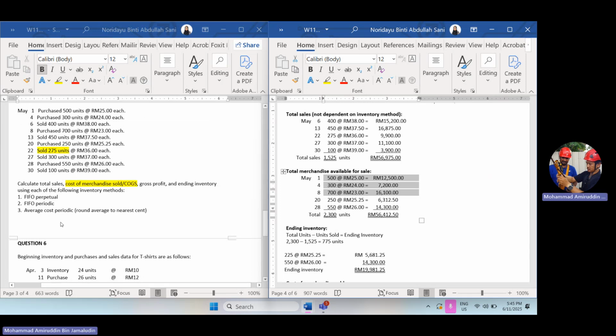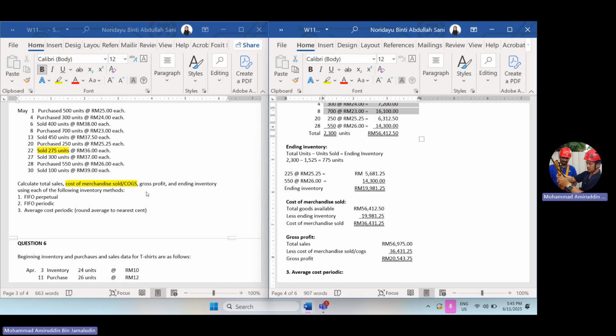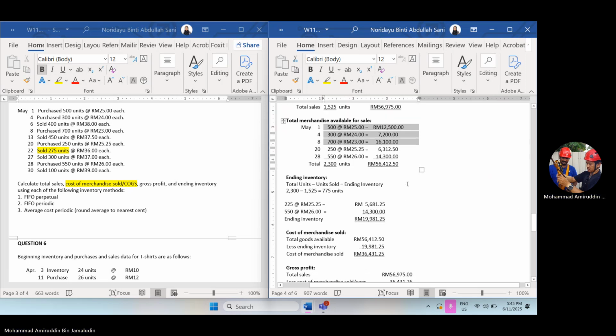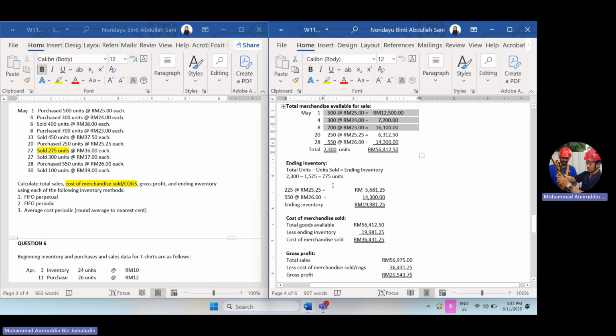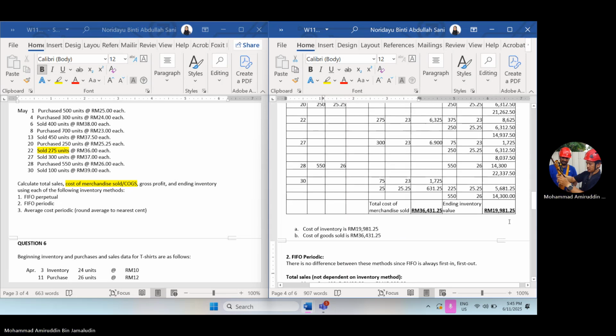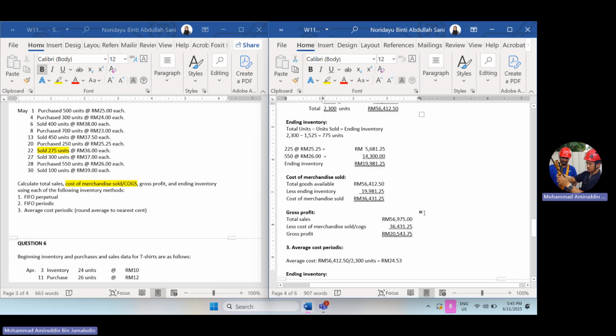Okay, now the average cost. This question asks you compute COGS, compute total sales, compute gross profit, compute closing inventory. So for 54, they combine perpetual and periodic. So my ending inventory, we have this much. Even the 54 perpetual also we can get from here. Your COGS is here. I need to find my total sales.